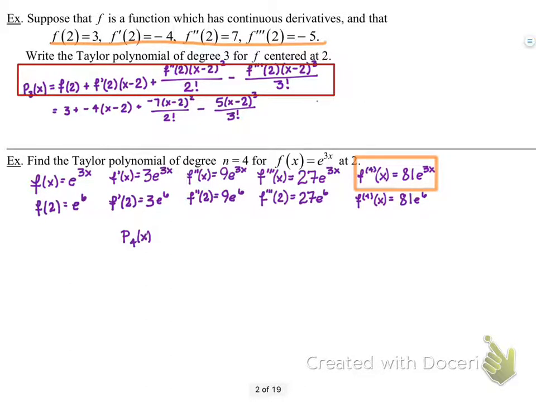Once we figured out all of our derivatives, then we figure out what the value of those derivatives would be at 2. Once we have those values at 2, we create our Taylor polynomial centered at 2 of degree 4 using the formula that was listed at the top of your page.